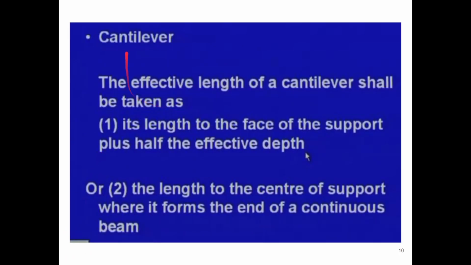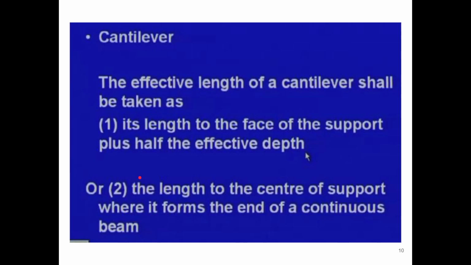Now if the case is a cantilever, the effective length of a cantilever shall be taken as its length to the face of the support plus half the effective depth, because the other end is free. Or, the length to the center of support where it forms the end of a continuous beam.